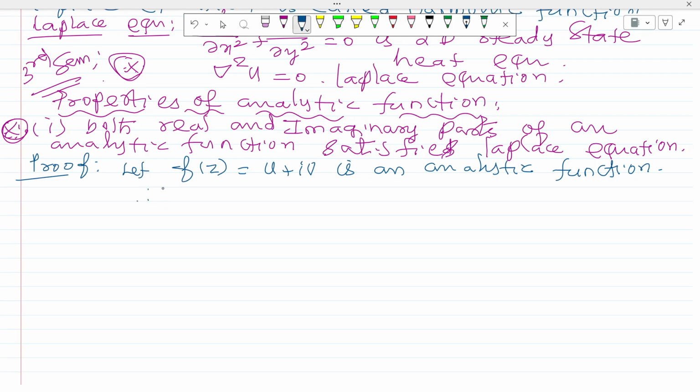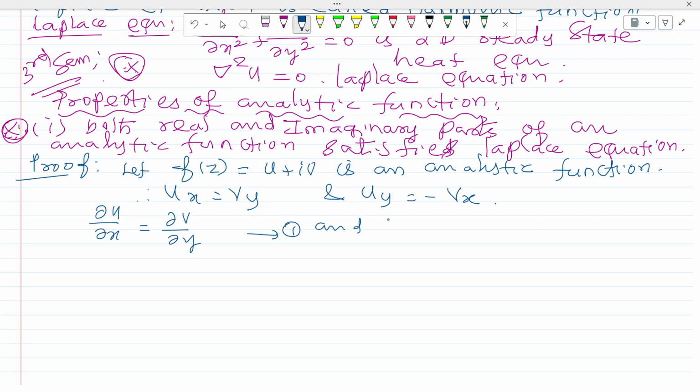Therefore, ux equal to vy and uy equal to minus vx. That means dou u by dou x equal to dou v by dou y, which is equation number 1. Dou u by dou y equal to minus dou v by dou x, which is equation number 2.